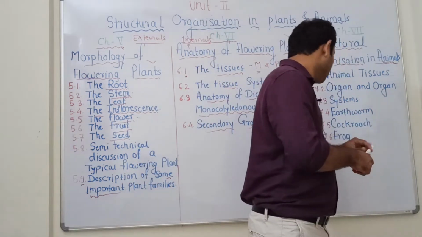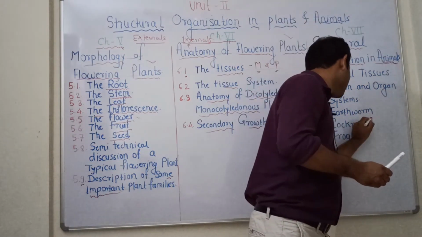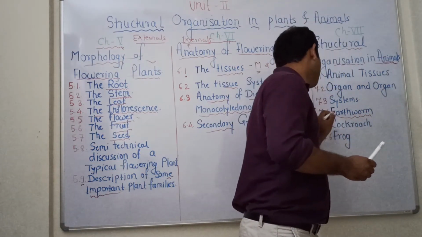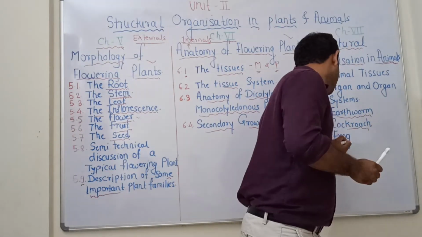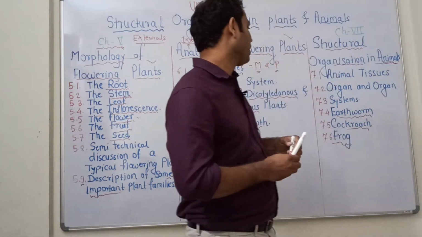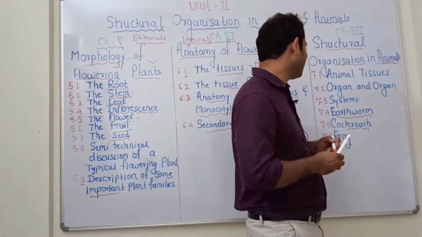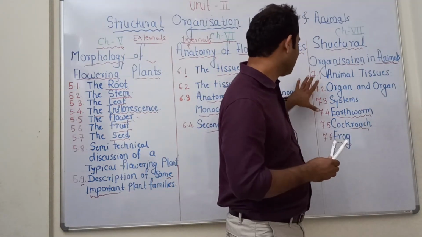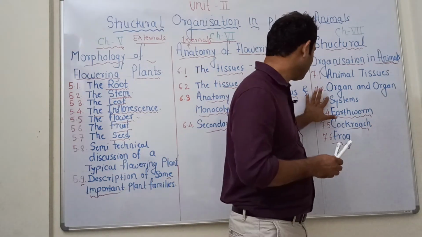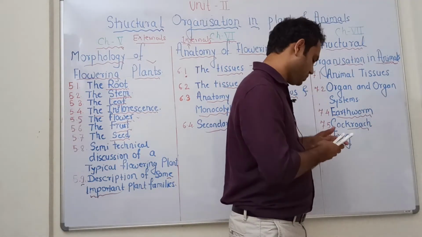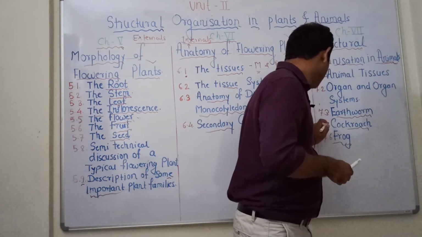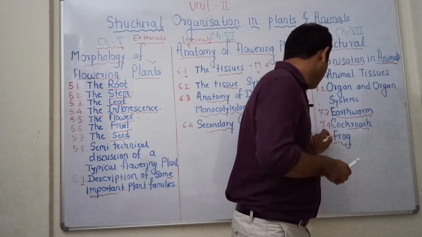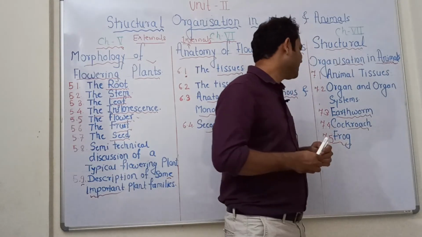detailed structures of 3 organisms. First one is the earthworm, second is the cockroach, and third is the frog. Actually there are only 3 here, I have written the points 3, 4 and 5 by mistake.